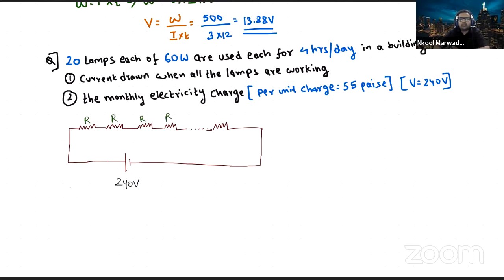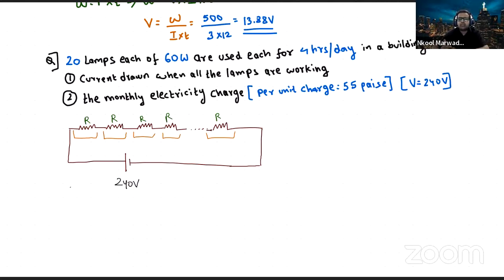It means that this 240 volt will be equally distributed. The voltage drop will be the same across each bulb. Okay.